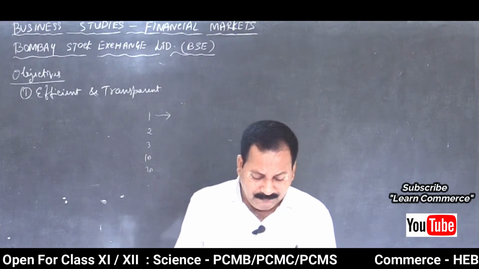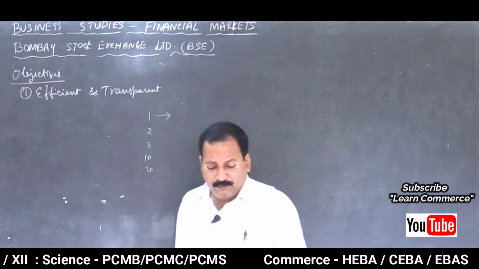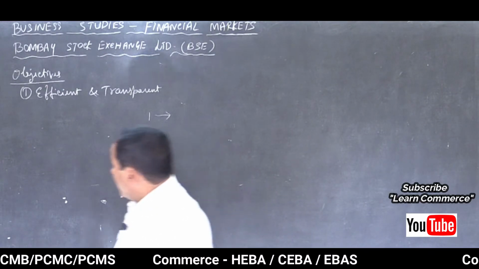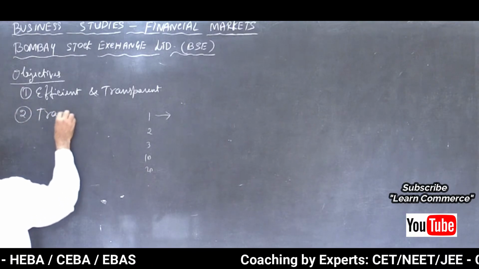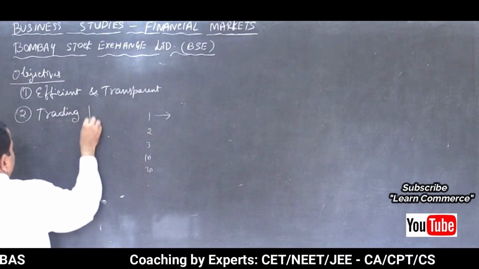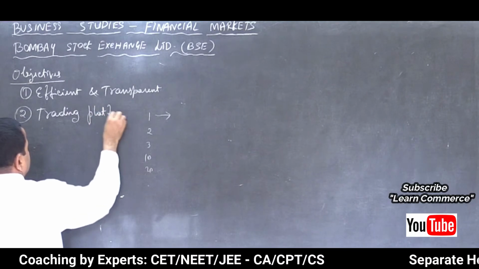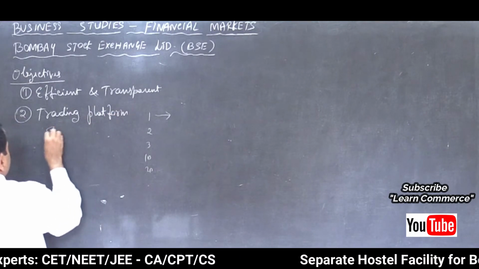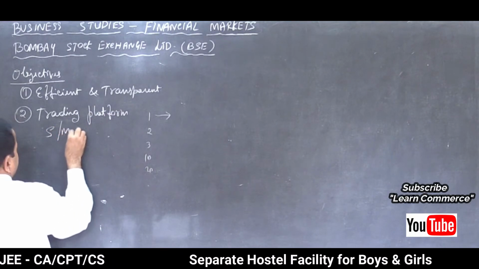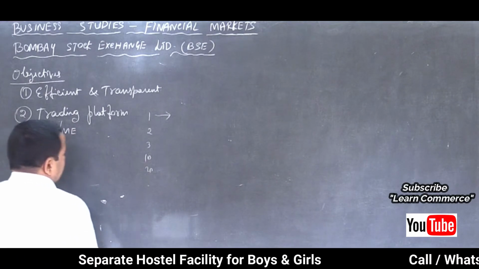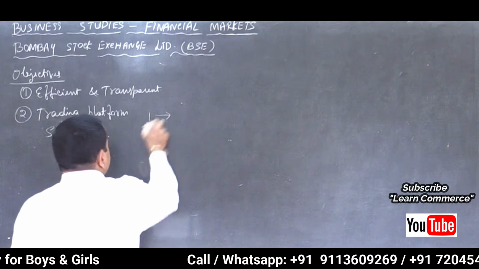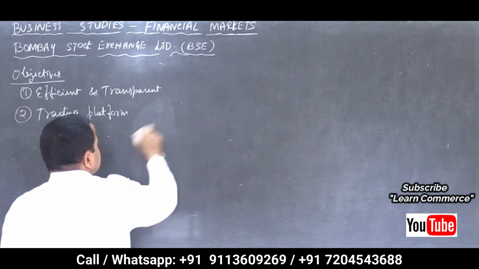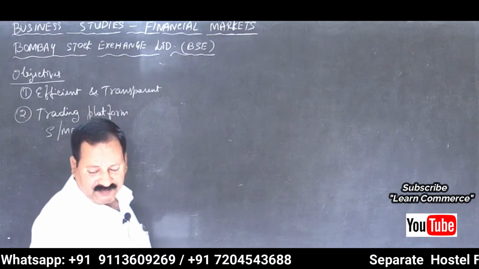The second one is to provide a trading platform for equities of small and medium enterprises. Small enterprises are those operating on a small scale, and medium enterprises.